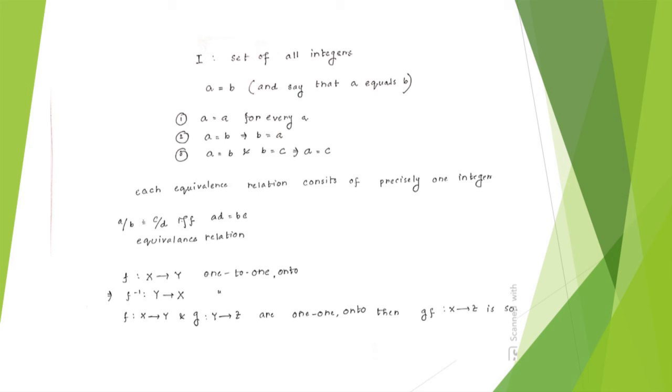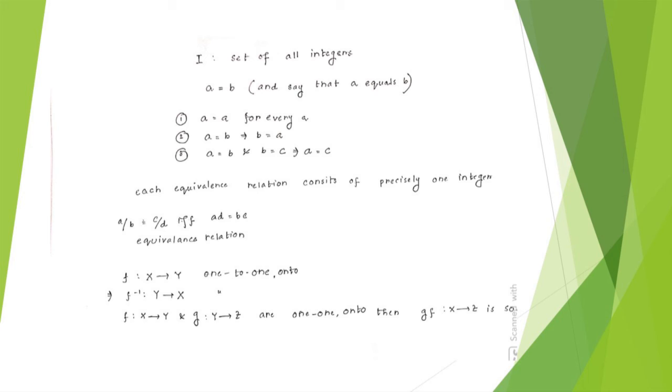Why? The first, a = a for every a, is very evident. Now, second point, a = b implies b = a. It's very obvious. And the third one, a = b and b = c together imply a = c.